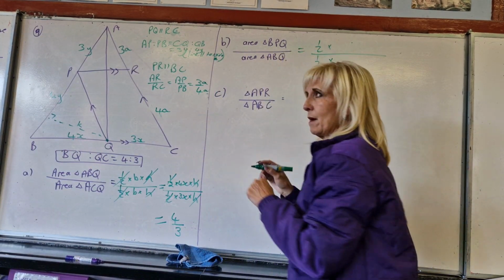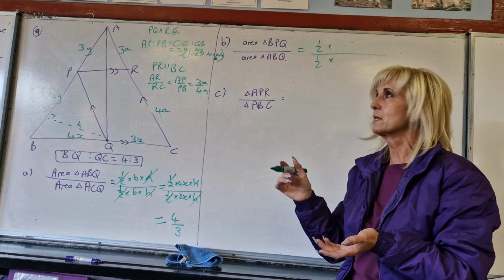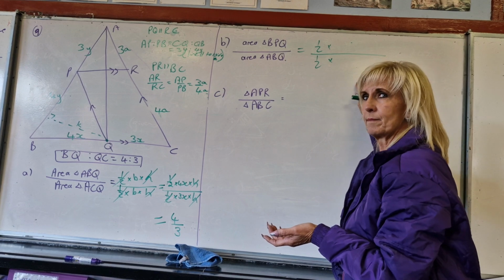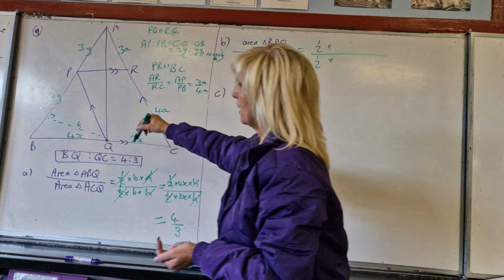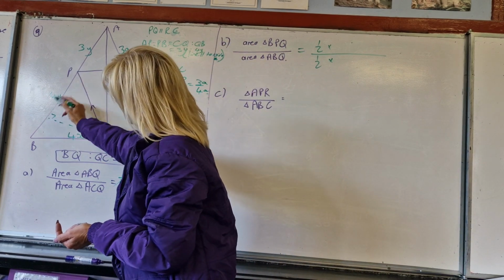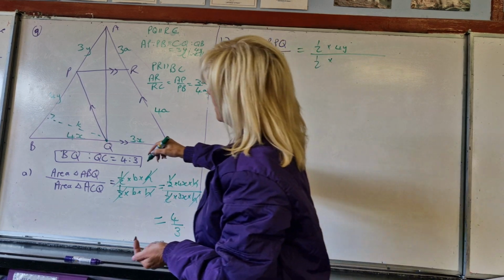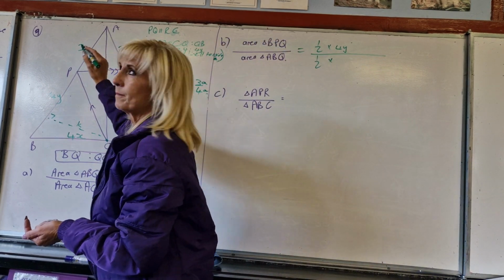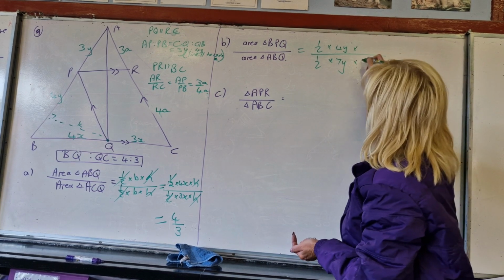Now guys, this time I'm not going to write base and height because I've already done it. You know, like in all the previous sums. You can say base and height. Here I'm going to say the base for the BPQ, I have established is going to be BP, which is 4y. But for the bigger one, the base is going to be 7y. And I wanted the heights to be the same.